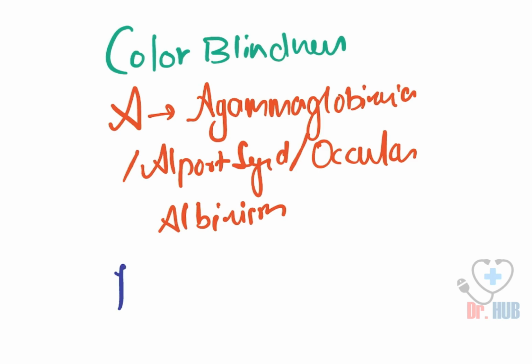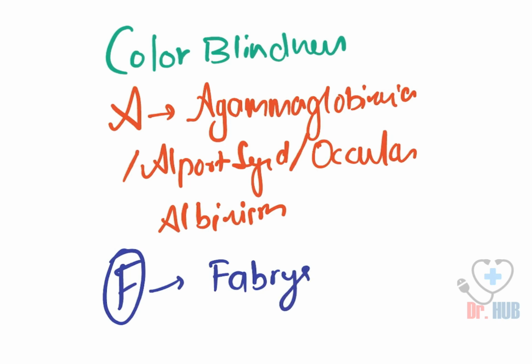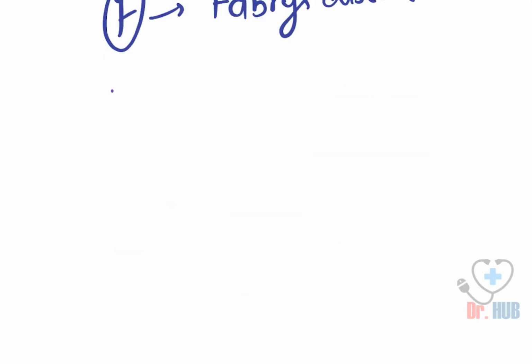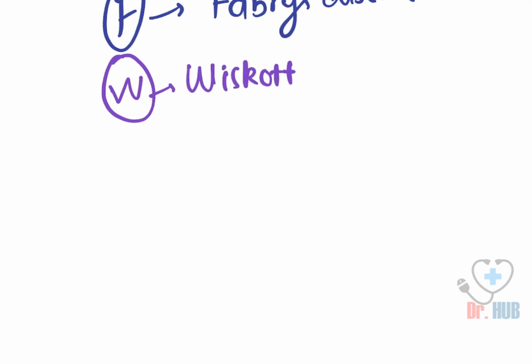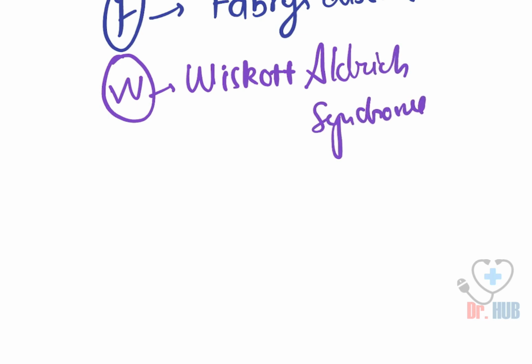Now we look at the letter F. So F for Fabry's disease. Next, it also includes the Wiskott-Aldrich syndrome.